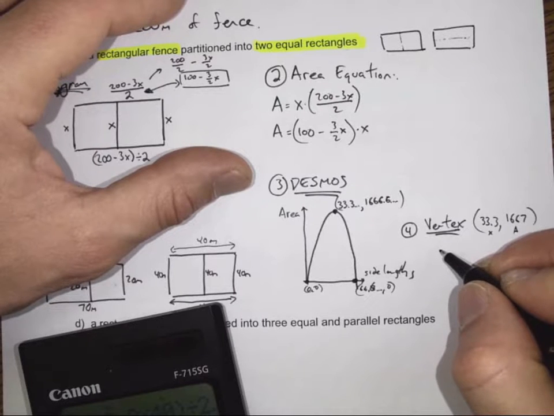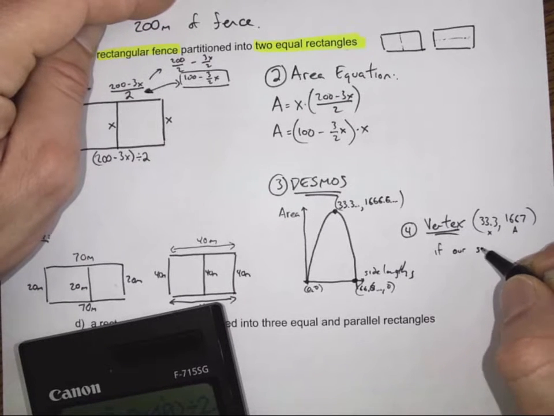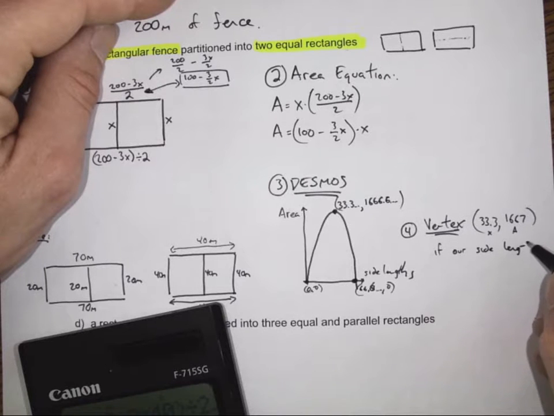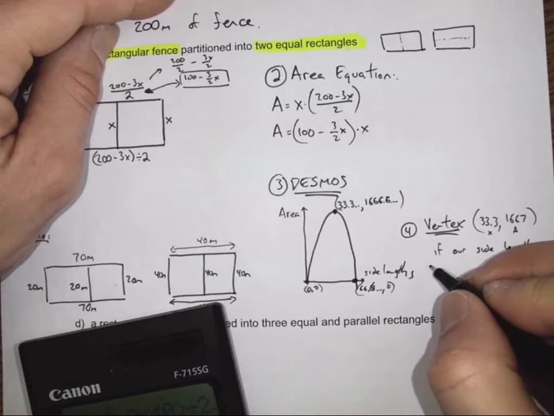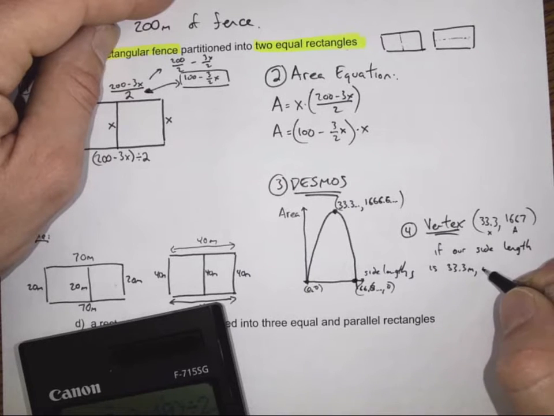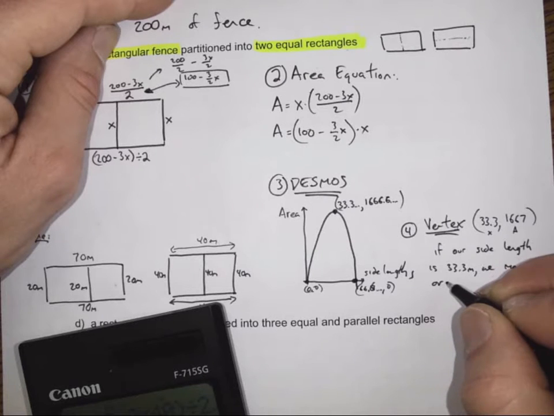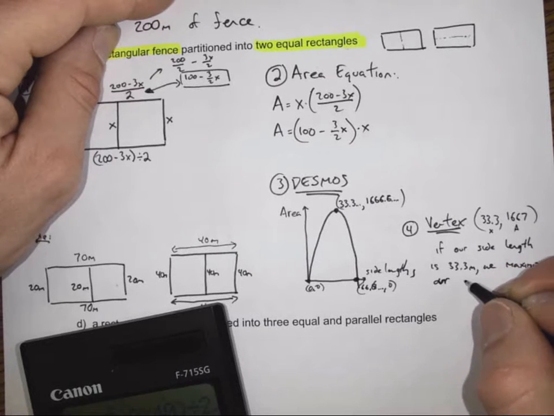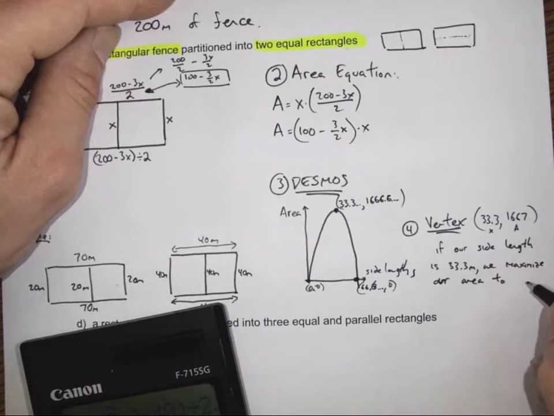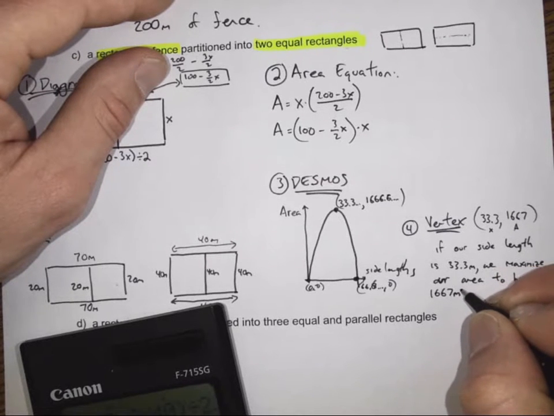Okay, so maybe we can make that into a statement. We can say, well, if our side length is 33.3 meters, we maximize our area to be 1,667 meters squared.